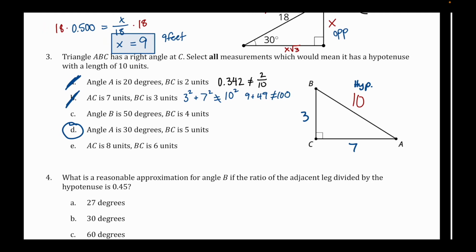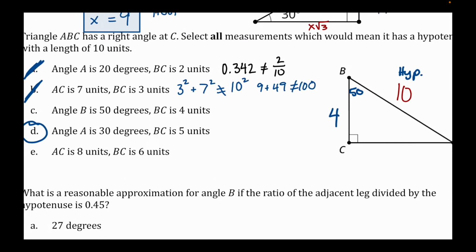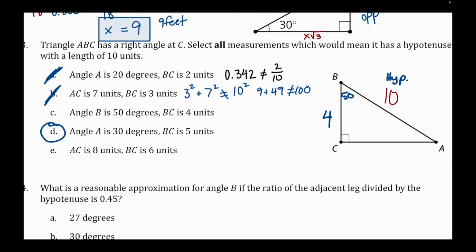Okay, angle B is 50 and BC is 4. That's our next one. So I'm going to erase what I've got here. Angle B is 50 and BC is 4. I'm going to use my table and refer to that on this one. So in this case, from angle B, 4 is my adjacent. So I'm going to have adjacent over hypotenuse.